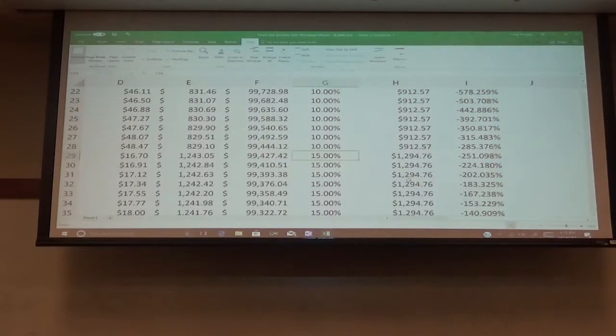It's changing. Okay, so something is wrong there. That's the issue. So let's take a look at your formula. Let's go take a look then at, click on cell H29. H29. Okay. And see if what I've got there for H29 matches up with what you have.